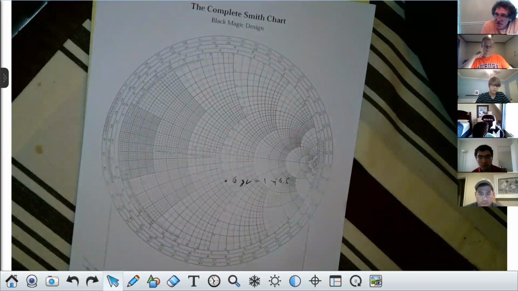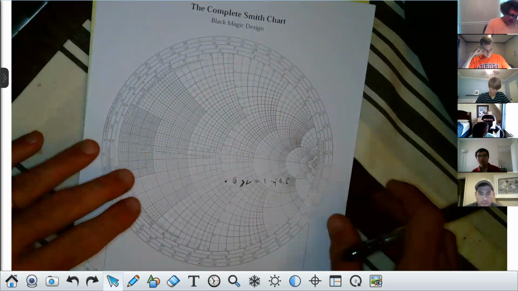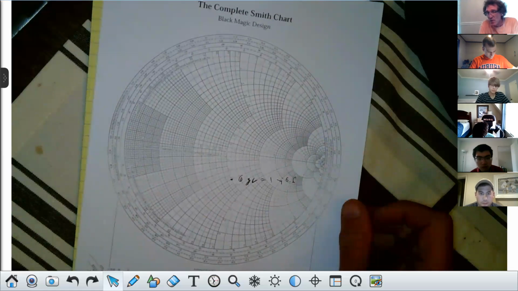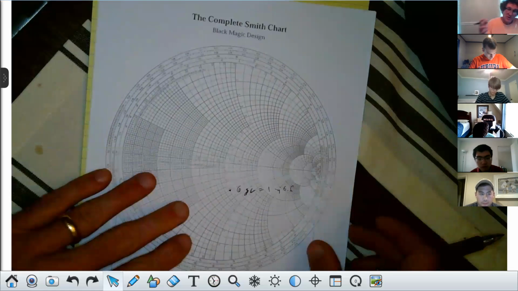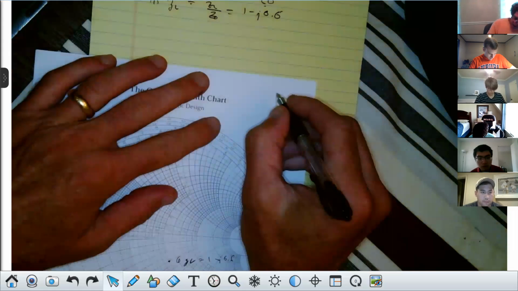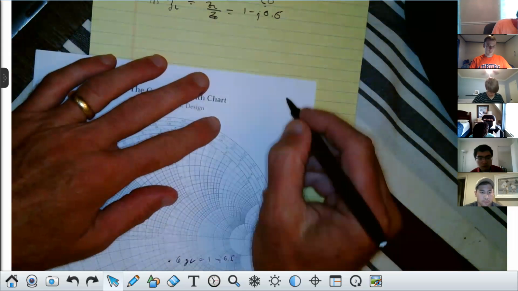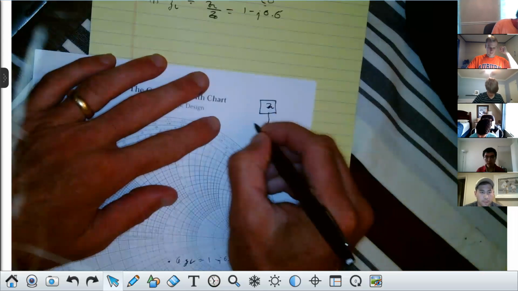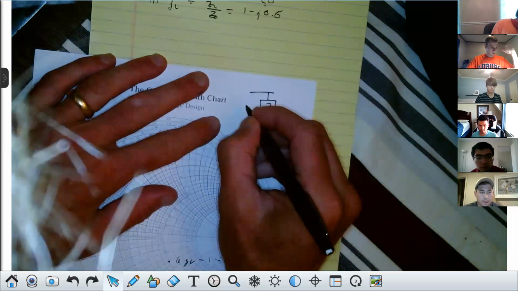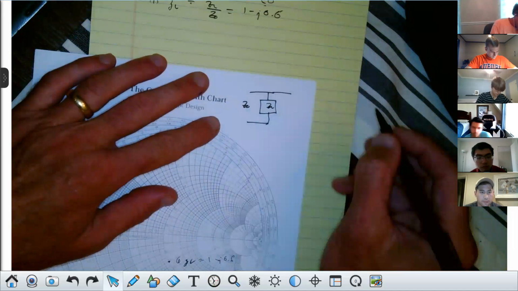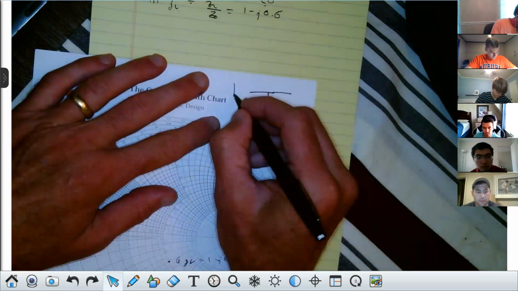So for this particular problem, this is what you get a lot on finals. If I was doing impedance matching with an element, I wouldn't need to move from the load. I would have my load here, and I wouldn't have to move at all. I would simply put something in series with it.